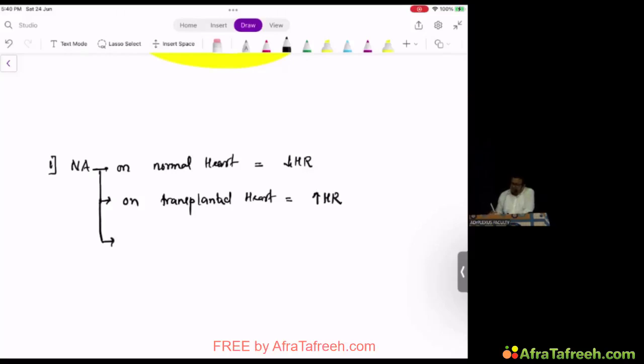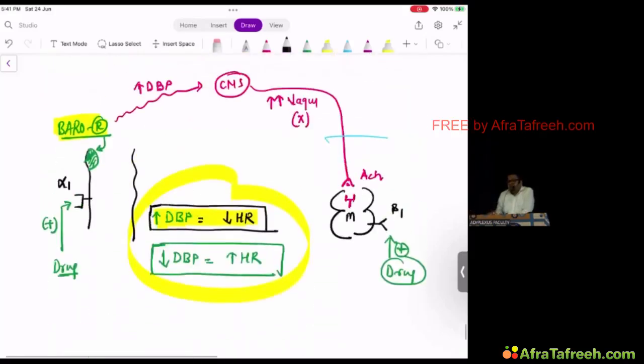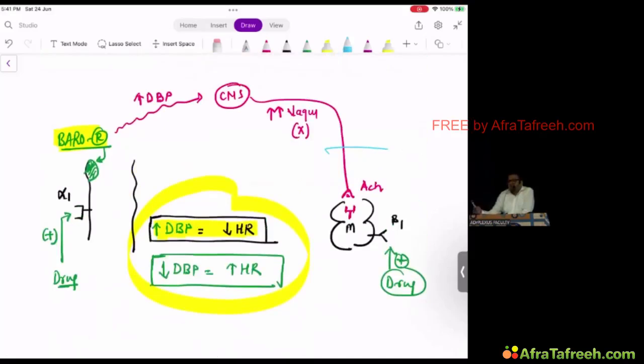Na given after atropine. What is atropine? Anti-muscarinic. Come back to the diagram. Can you locate muscarinic receptors?